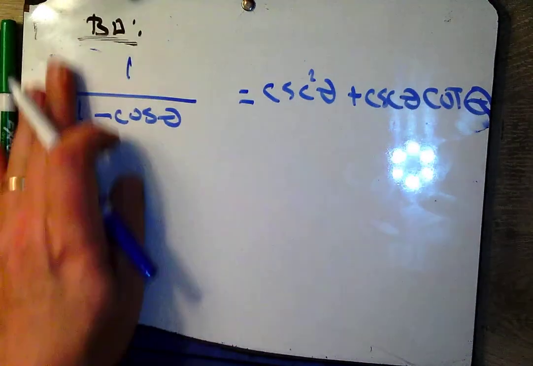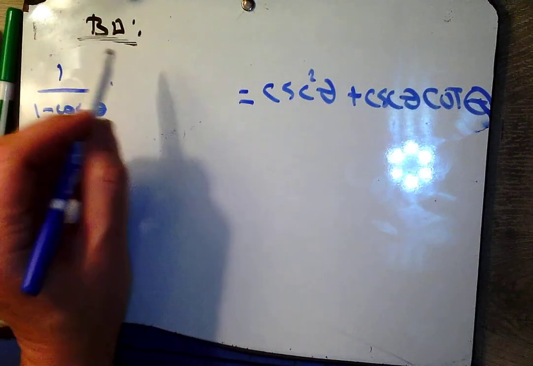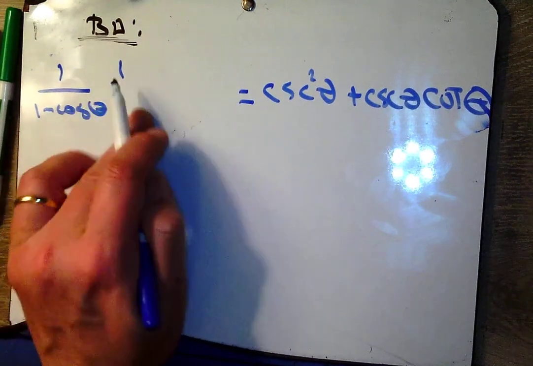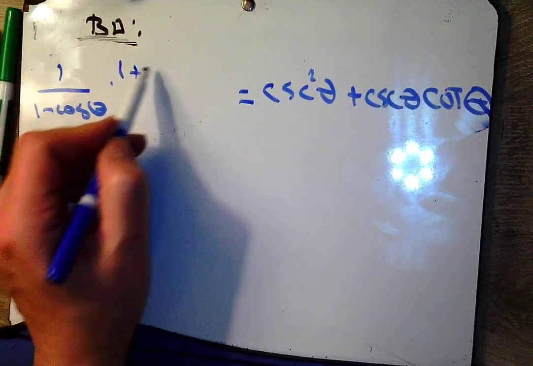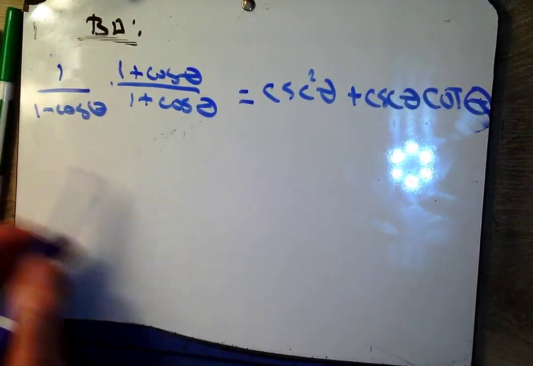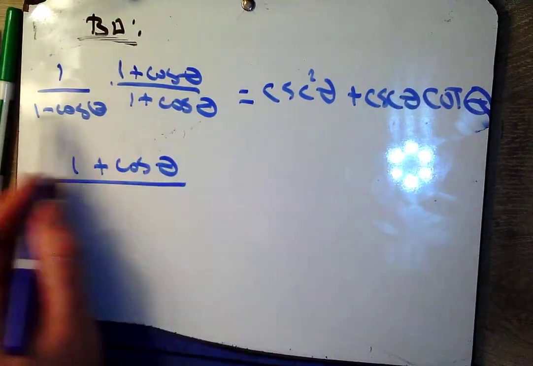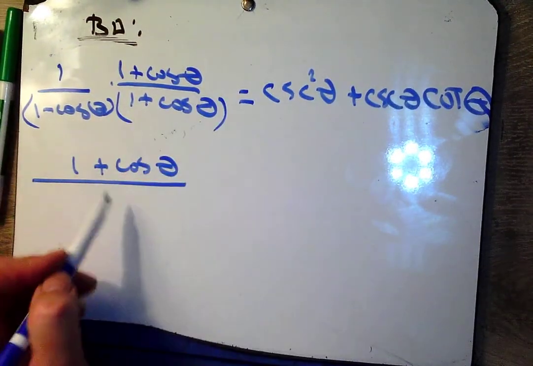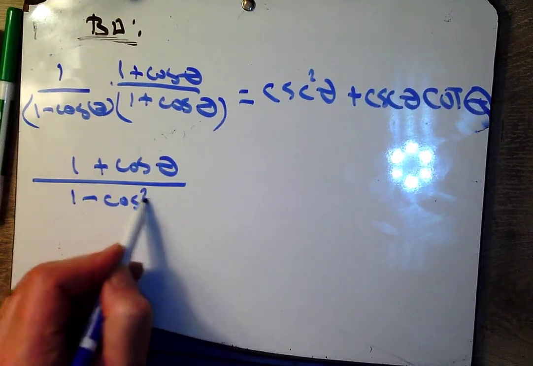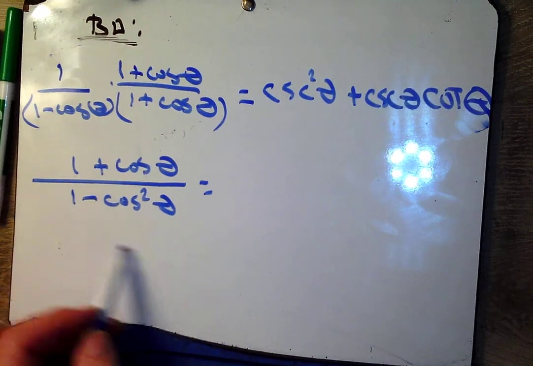Hey, welcome back. So let's try that strategy out first, where we multiply top and bottom by the conjugate, 1 plus cosine theta. Okay, so on top, I've got 1 plus cosine theta. On the bottom, when I'm done FOILing, I end up with 1 minus cosine squared theta. Well, what is 1 minus cosine squared?